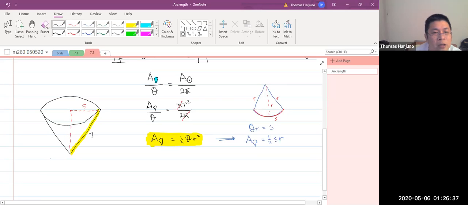Now the question is: find the area of the paper cup, the paper being used.